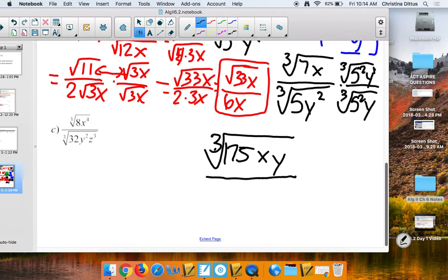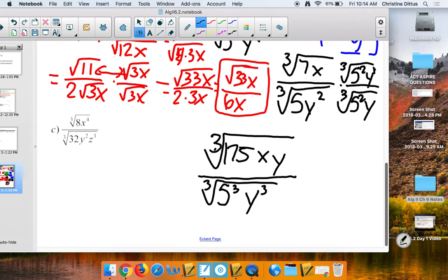On the bottom, I now have my 5 squared times 5, which is 5 cubed, right? And I have y to the third. Which means on my bottom I can do what?